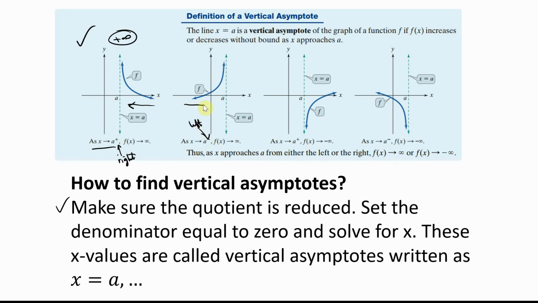X gets close to a from the left. It also shoots up into positive infinity. The third illustration, what happens as x approaches a from the right? This guy goes downstairs. It goes into the abyss, negative infinity. That denotes asymptotic nature, vertical asymptote.